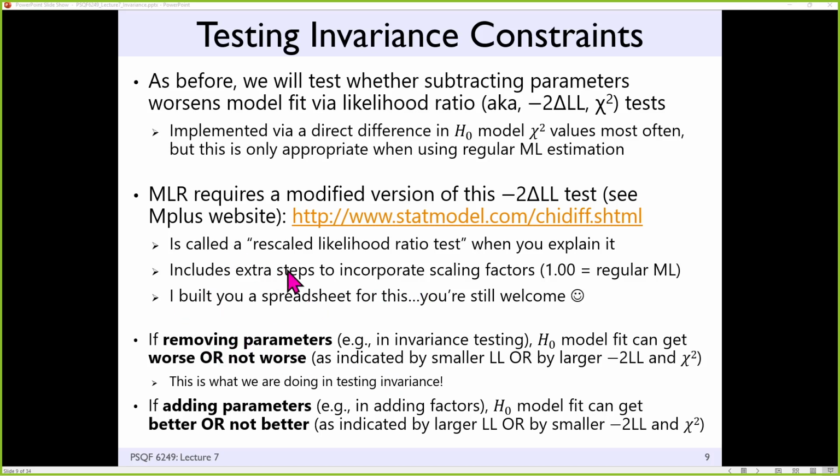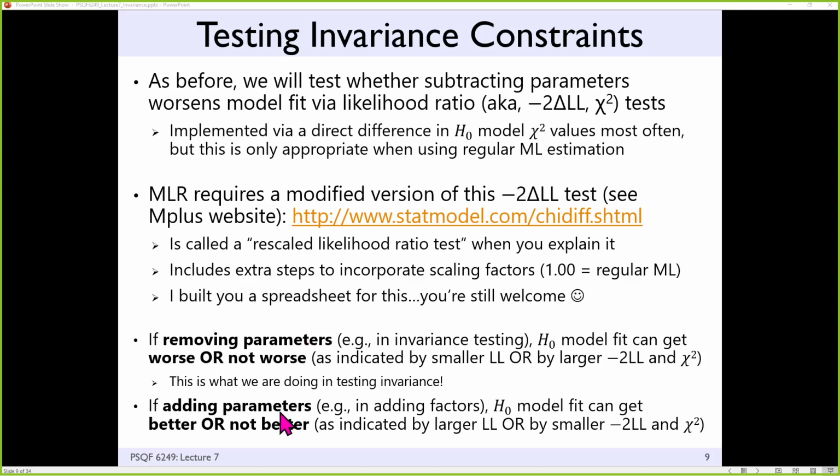So in general, when we're doing model comparisons, if we are removing parameters, then the test statistic tells us whether that removal, that simplification, made the model fit worse. That's a significant result. If the test statistic is non-significant, then we would say it's not worse. Not worse means close enough, it's fine, you can make them the same.